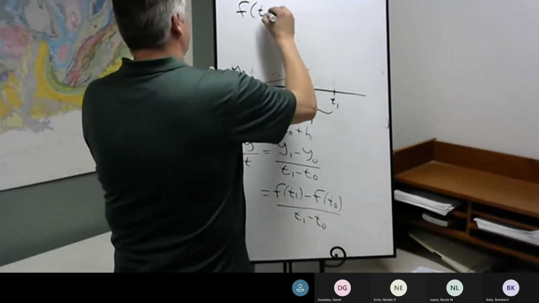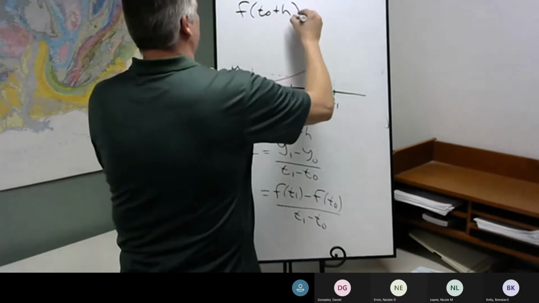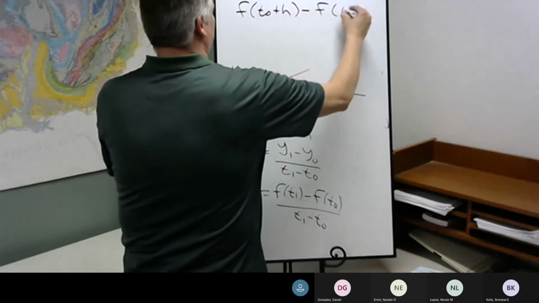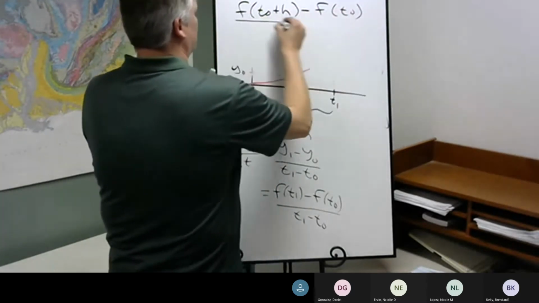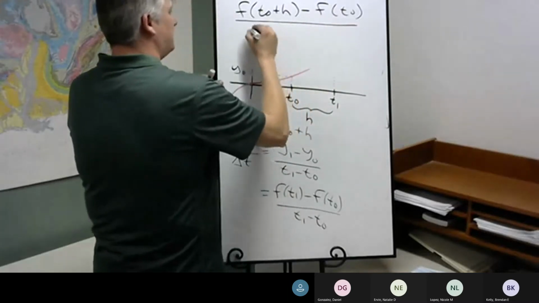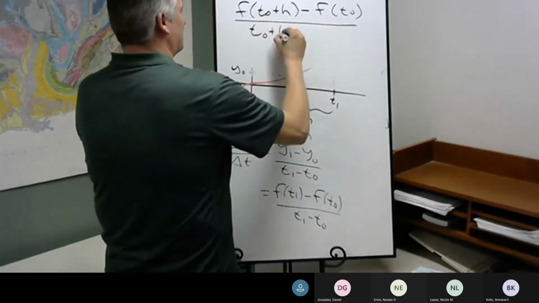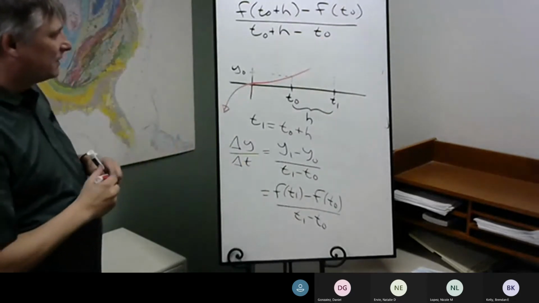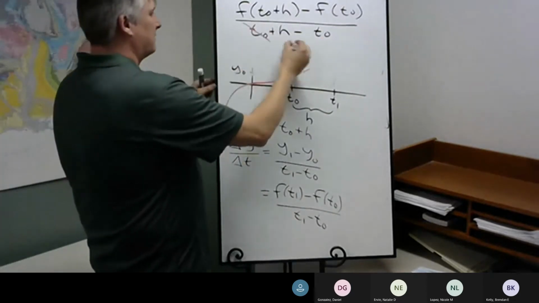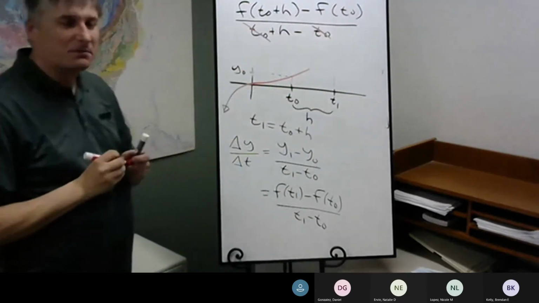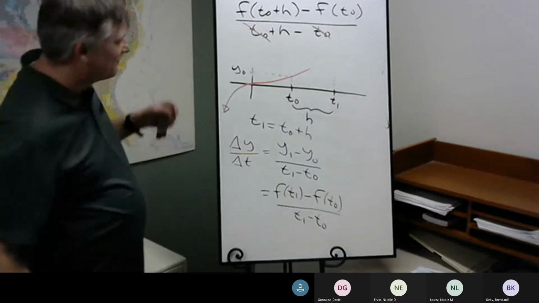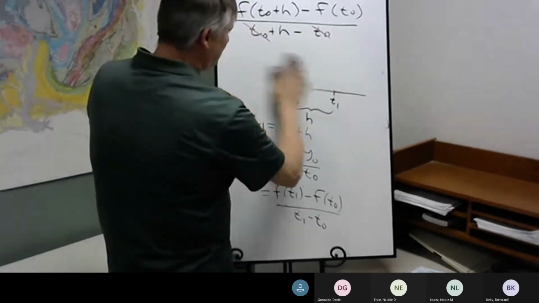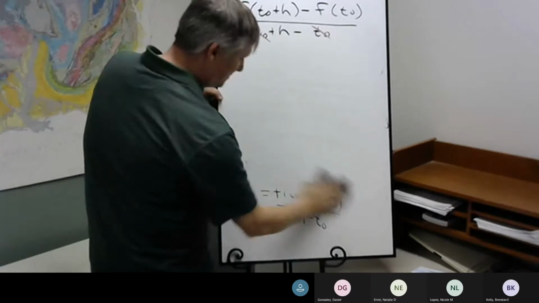So this is f of t0 plus h minus f of t0 over now t0 plus h minus t0. So the t0s here, those are going to cancel. t0 subtract t0 is just 0.